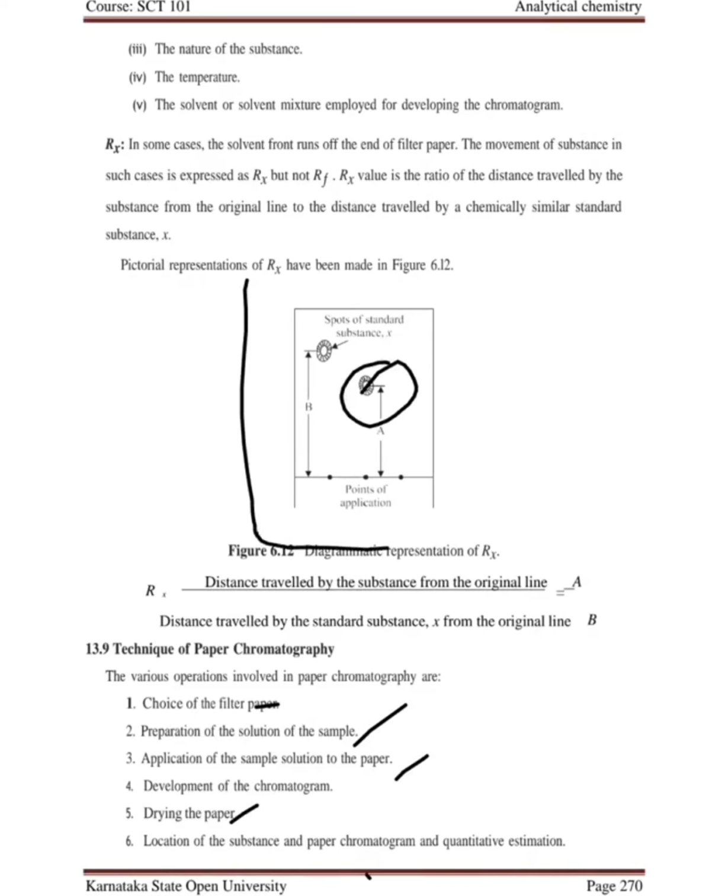Paper should be dried within some degree. What we have taken is the filter paper, right? So it cannot be dried at a high temperature. So the location of the substance in paper chromatography, or the quantitative estimation, can be done by distance travelled estimation.